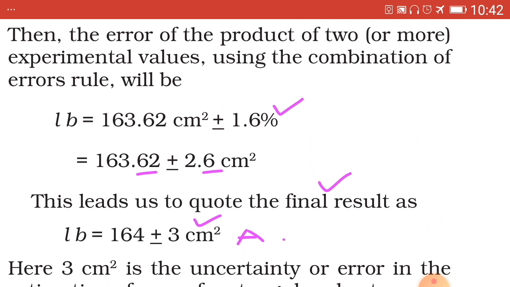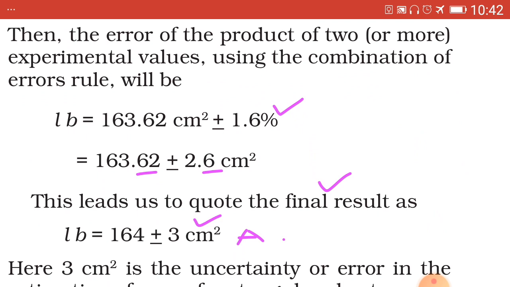Plus minus 1.6% means here the percentage errors are added, that is 1 in the case of breadth and 0.6 in the case of length. So 1 plus 0.6, which is equal to 1.6%, which has been tick marked.